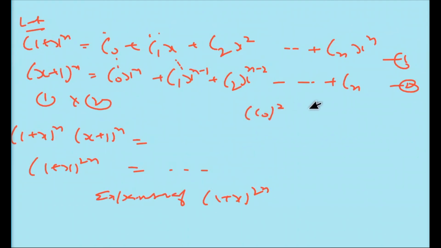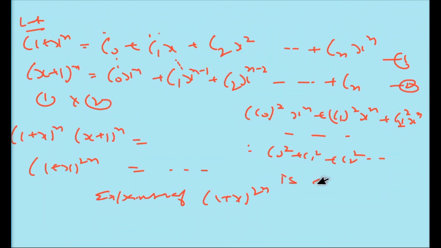C0 square x to the power n plus C1 square x to the power n minus 1 plus C2 square x to the power n minus 2 and so on. Hence C0 square plus C1 square plus C2 square and so on is the coefficient of x to the power n in expansion of (1 plus x) to the power 2n. Okay.